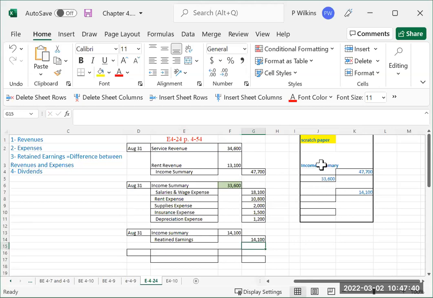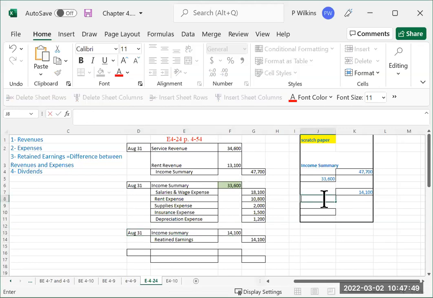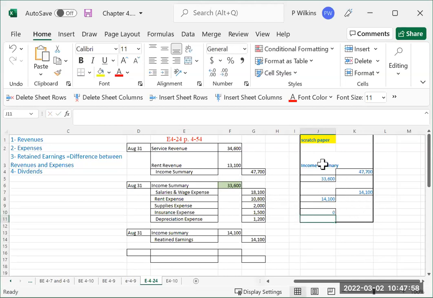Okay. And so if we come over here to the income summary account again, we see that we just debited income summary $14,100, right? We come over to the T account on our scratch paper, we debit $14,100, we see that our balance is 0. We start at 0, we end at 0, so now we know we did all the entries correctly.